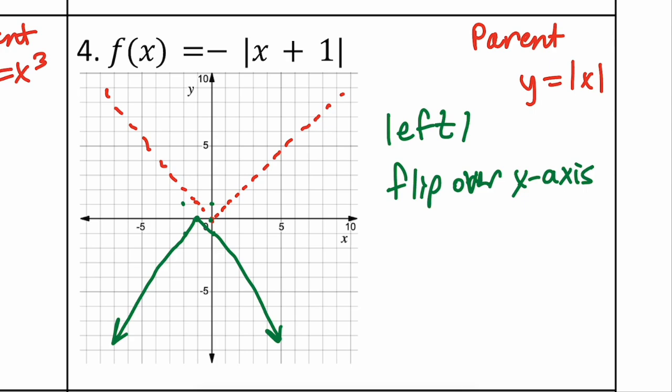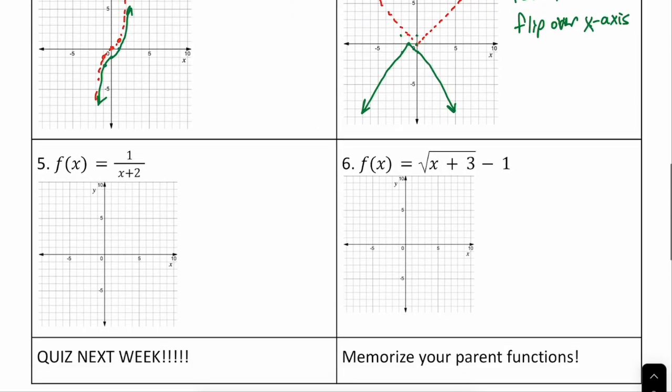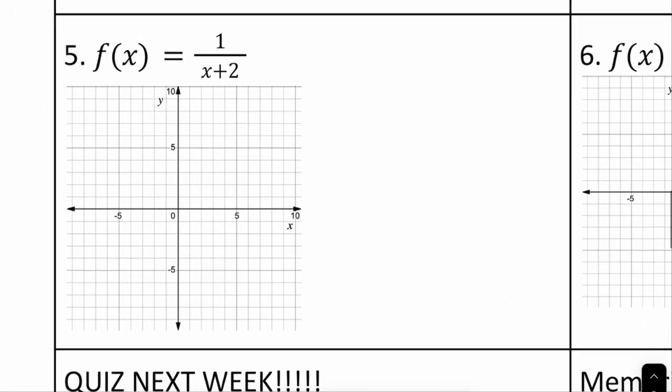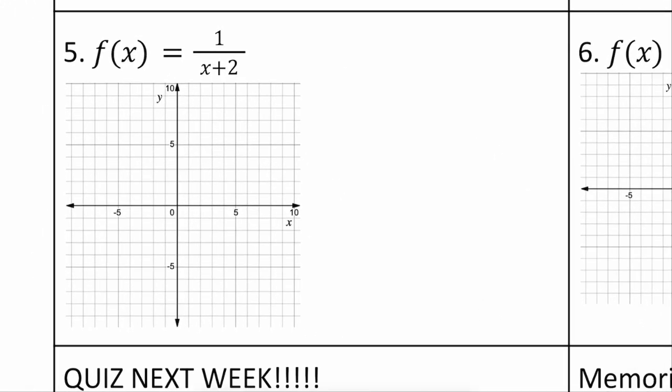As the more points you put in, the more accurate your graph is going to be. But 3-point accuracy is what I need. I don't know what Desmos is going to do, or what iMath is going to do. Okay, let's move to question number 5.